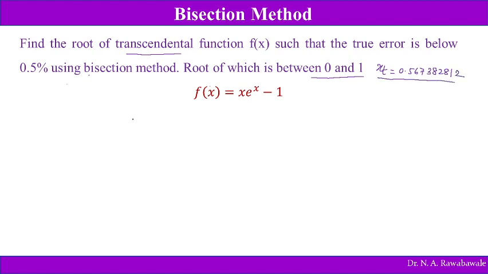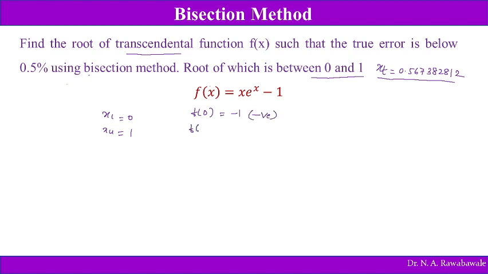So the true value is given. Now you need not find xl and xu; xl is given as 0 and xu is given as 1. If we substitute 0 in this function, f of 0, we get -1, which is negative.